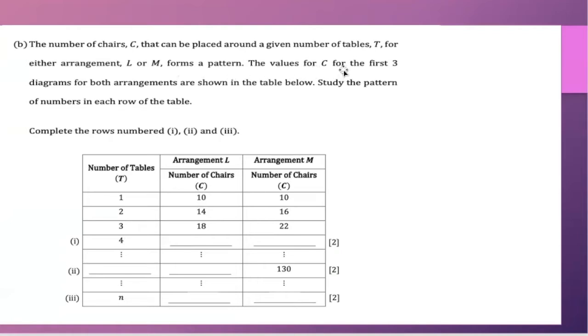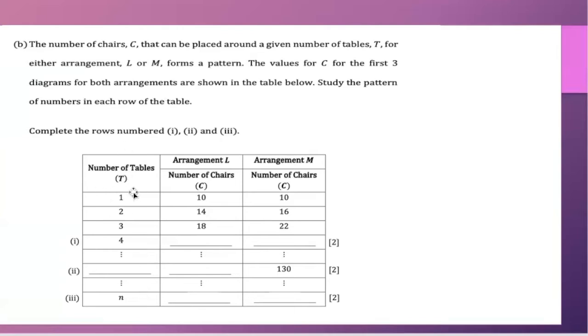The values of C for the first three diagrams for both arrangements are shown in the table below. Study the pattern of numbers in each row of the table. And then we have to fill out the following information.